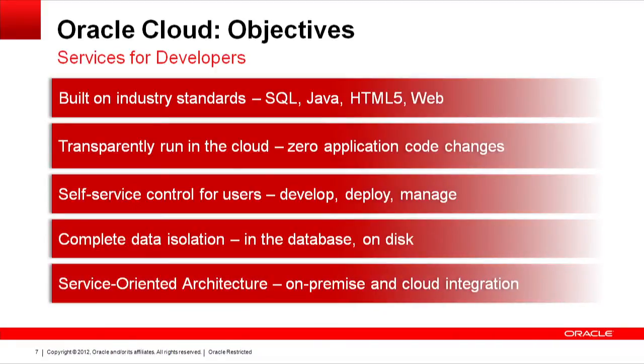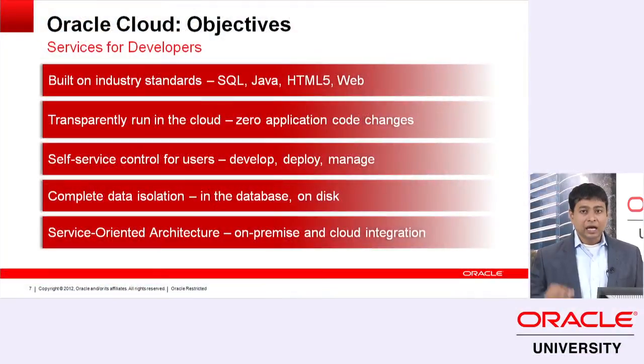The public cloud strategy is very simple. We set out objectives that benefit customers. One, we wanted to build everything based on standards, so nothing proprietary, nothing new to learn, same skill sets. We wanted to make it truly like a cloud in the sense that there is no real development, coding, or work needed. It runs very transparently in the cloud. There is hardly any development needed.